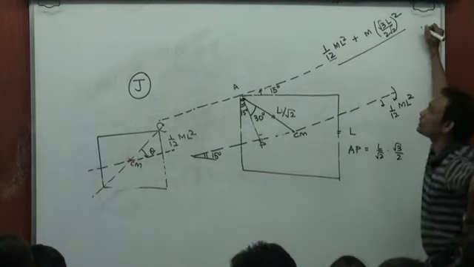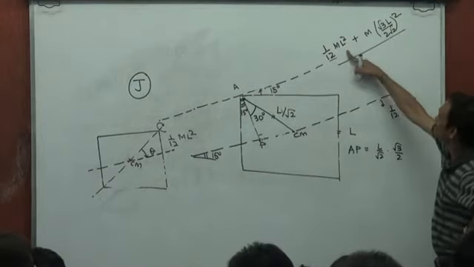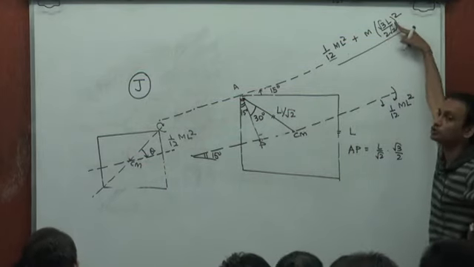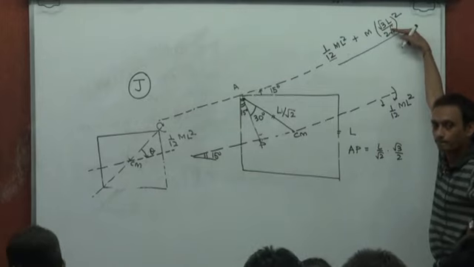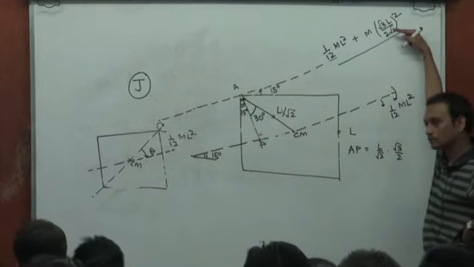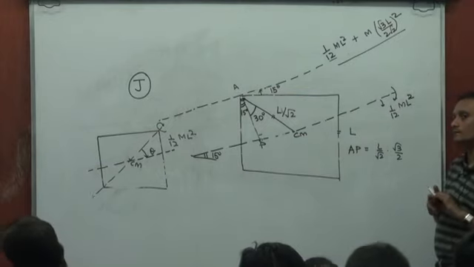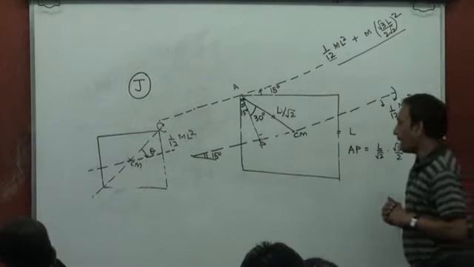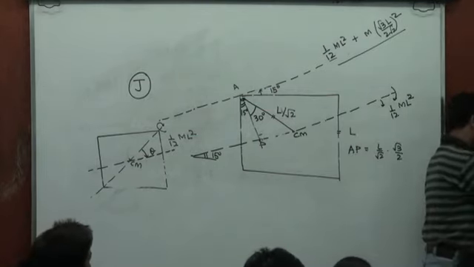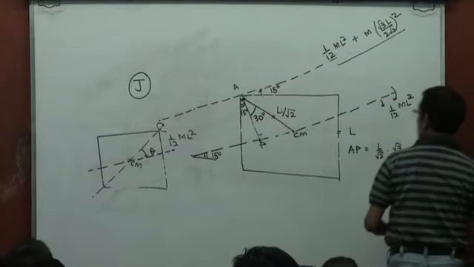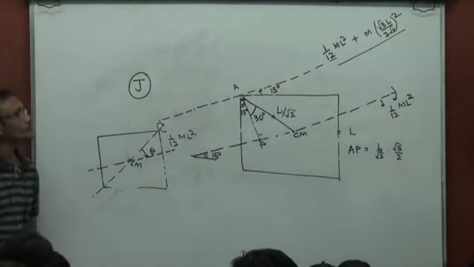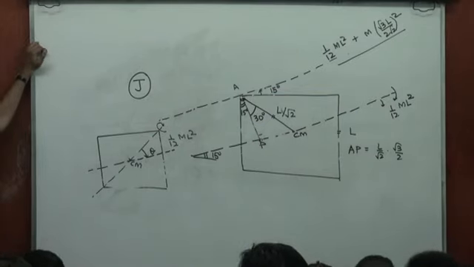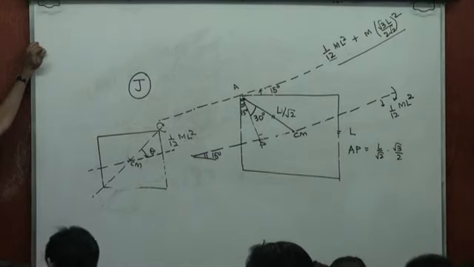That's going to be the moment of inertia about the shown axis: 1/12 ml squared, the moment of inertia about the parallel center of mass axis, plus m into AP squared. Clear?